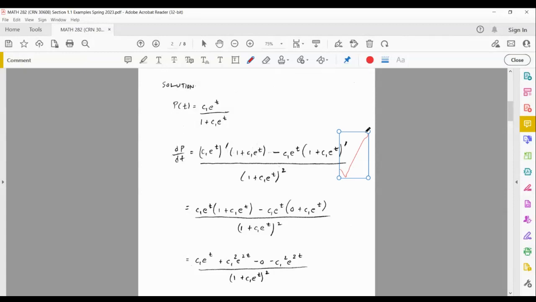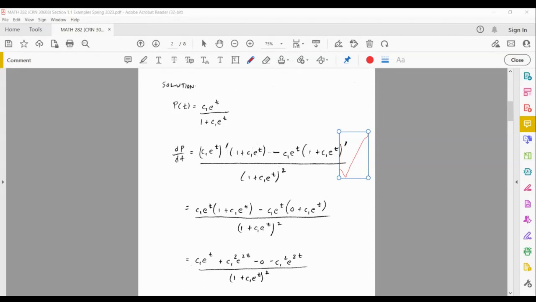Naturally, in a differential equations course, we assume that you know your derivative rules. And so we are using the quotient rule here. If you use the quotient rule, that's what you see.